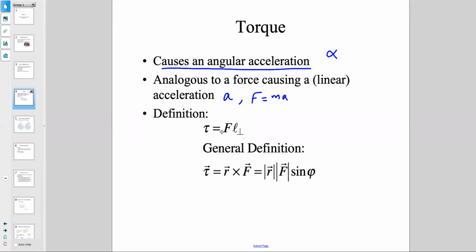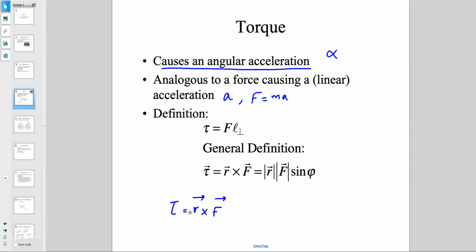So here's the definition of the torque. It is a force times the length that is perpendicular to the axis of rotation. Or if you want a general rotation, which I prefer because it will always be 100% correct, torque is r cross F. They are both vectors: F, which is the force being applied to an object, and r, which is the distance from the force to the axis of rotation.